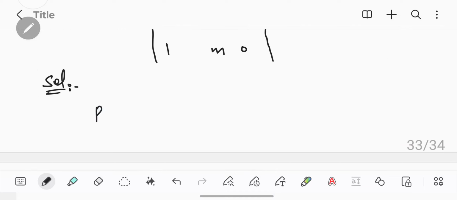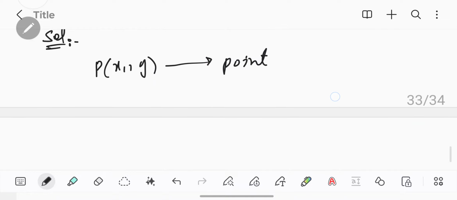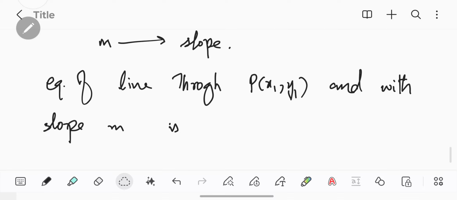Since we are given point x1, y1, and a slope which is represented by m, we can always find an equation of line through this point and this slope. Since this is an algebra course, in the pre-algebra course we studied how to find an equation of line through a point and a slope m.